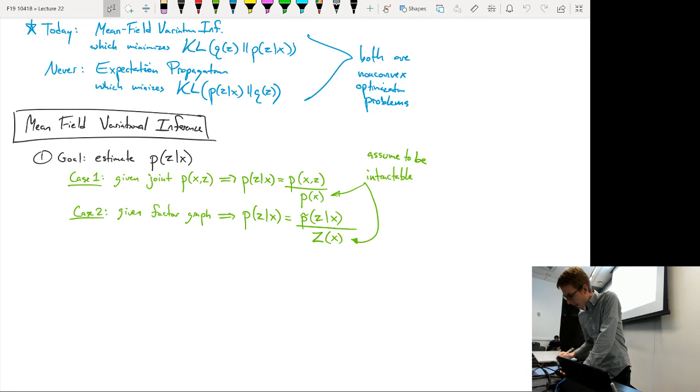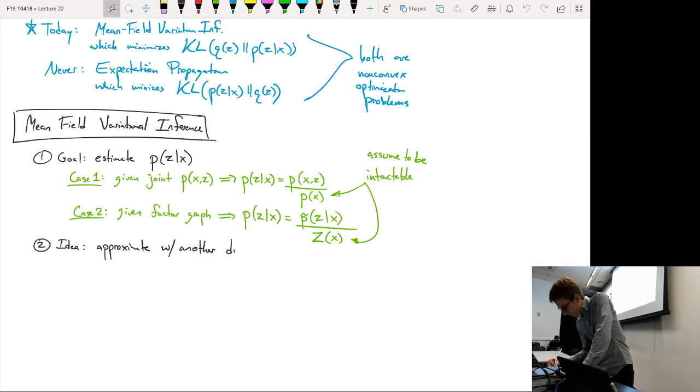So the idea here is that we want to approximate it with another distribution, Q of z, which is hopefully something near P of z given x, for each x.